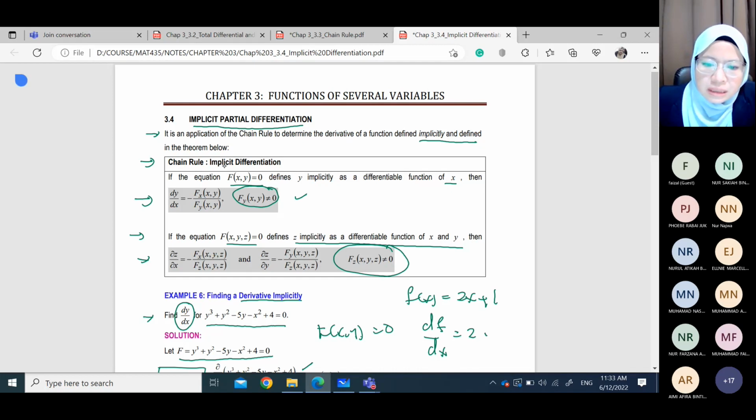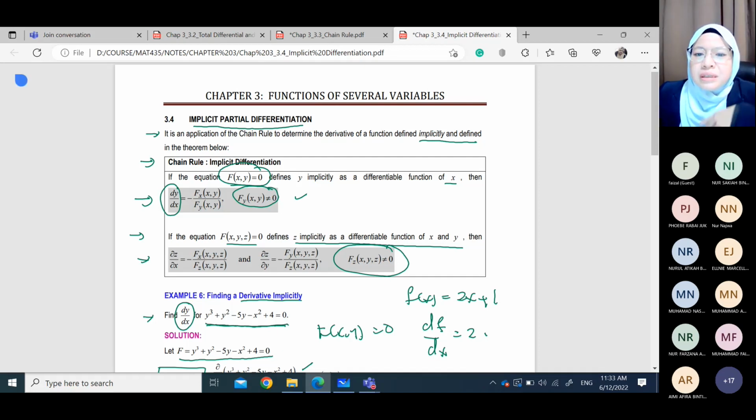So beza dengan yang ini, dalam function ini melibatkan lebih daripada satu variable. It can be x, y, z ataupun it also can be x, y and so on. Tetapi kita nak fokus kepada changes of x on y. Macam mana kita nak fokus kepada changes of x on y, sedangkan function ni melibatkan banyak variable dekat situ?